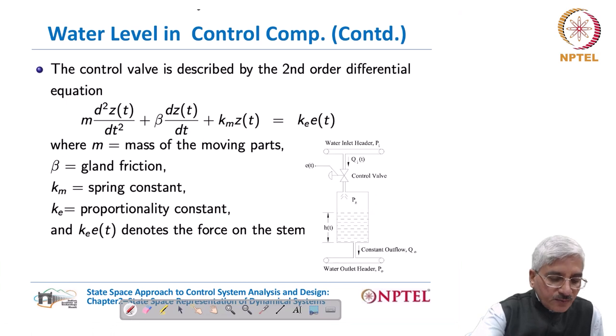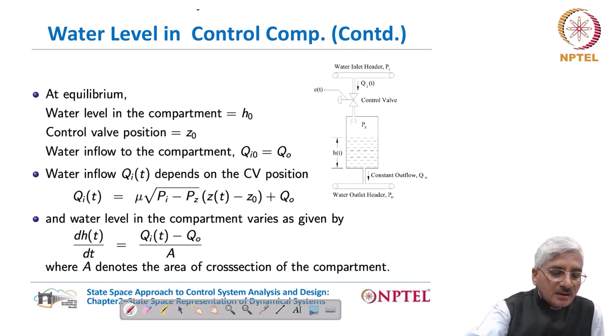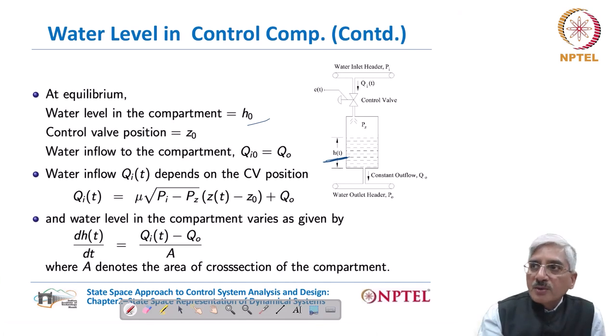The second equation we get, before that let me tell that at the equilibrium, when this compartment height is constant at h naught, the control valve position will be z naught, which is this, and the water inflow to the compartment will be Qio minus Qo, which is this.